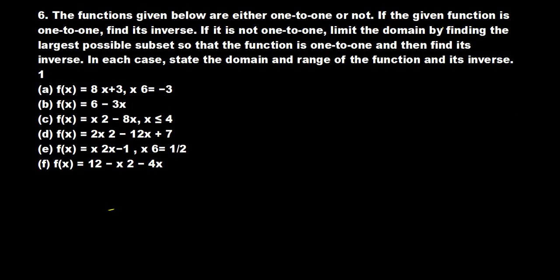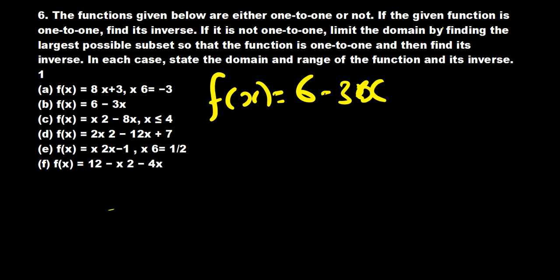Okay, so for b we're saying f of x is equal to 6 minus 3x. Now, what form of a function is this one? This is a linear function. If it's a linear function, it passes the horizontal line test, meaning it's also one-to-one, because all the values of x exist.